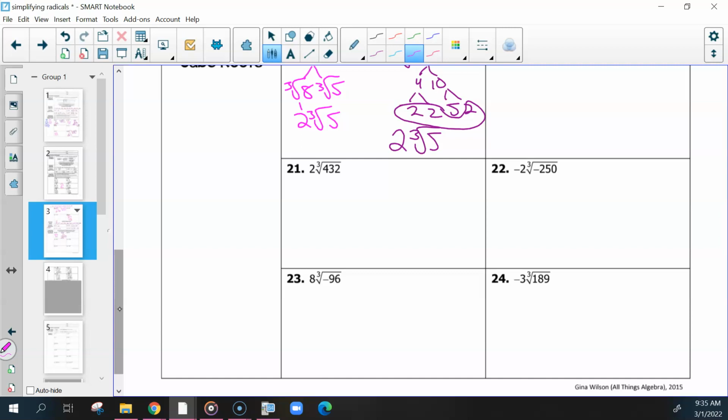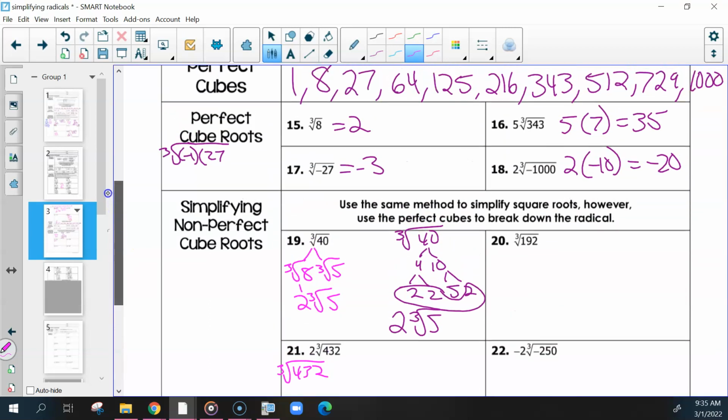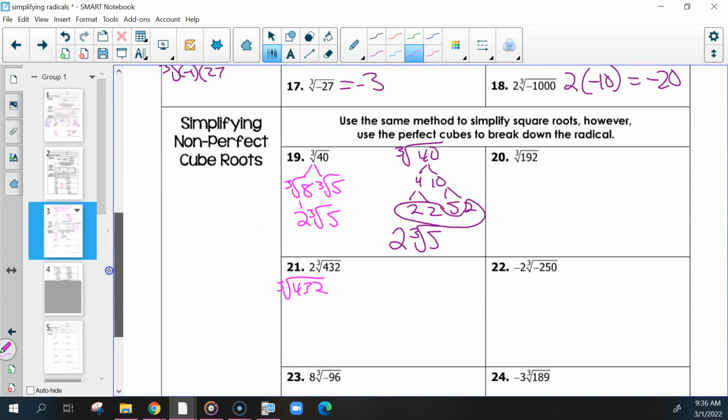For the shorter method, of all of our perfect cubes, what is the highest we can divide 432 by and get a whole number? If you're not sure, do 432 divided by 343, divided by 216, 125, and keep going. So that's 216 and 2.